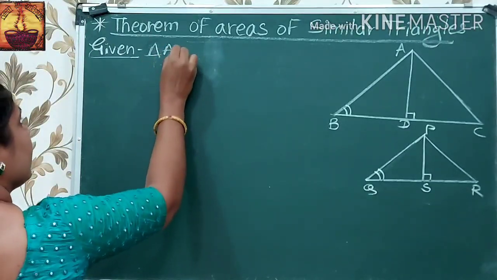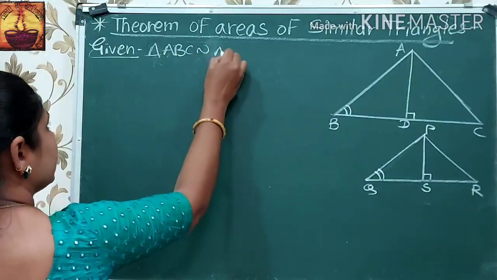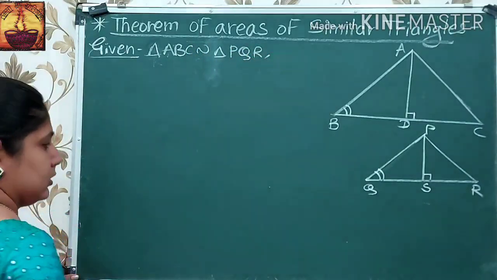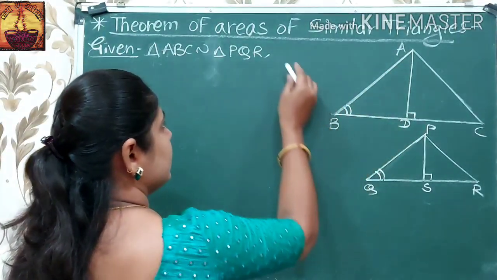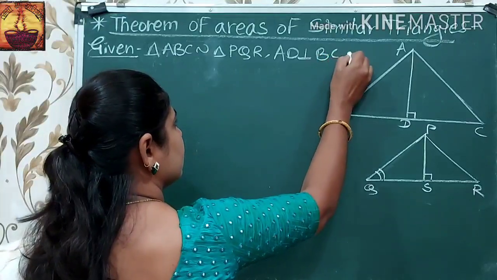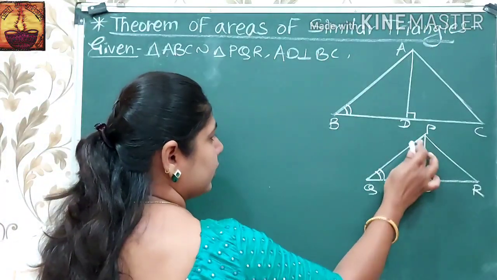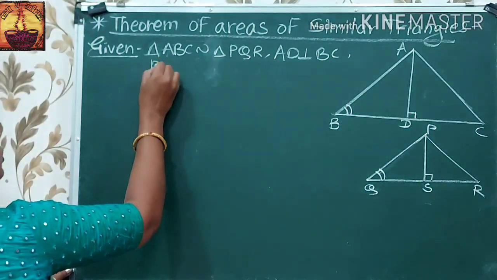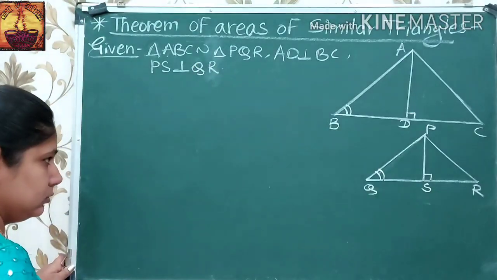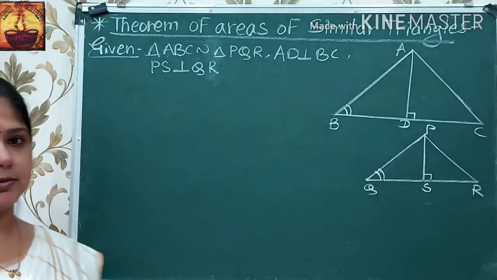Triangle ABC is similar to triangle PQR. In ABC, AD is perpendicular to BC, and in PQR, PS is perpendicular to QR. It is the given part.